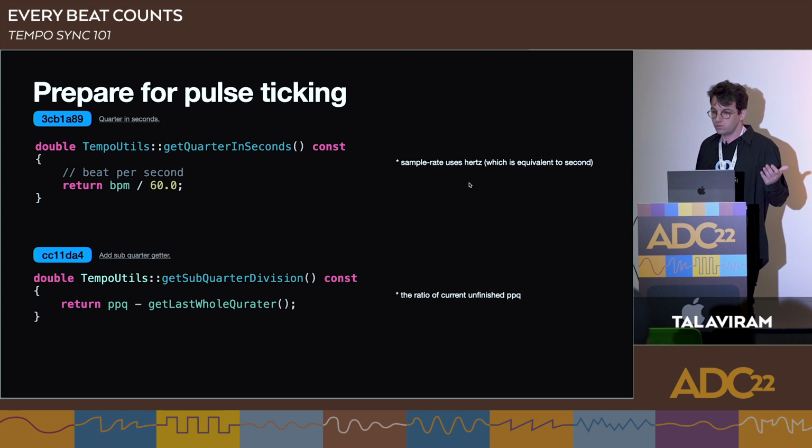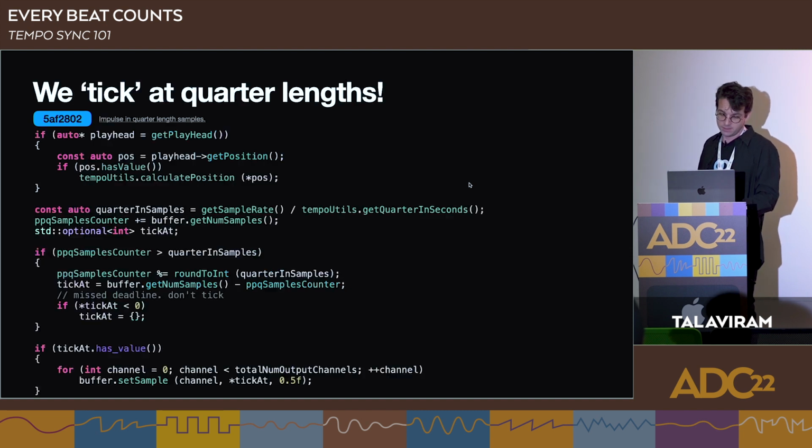So we need to get the quarter into seconds. So it's simply dividing the BPM by 60. And then we want to know the current unfinished position, the in-progress quarter and where it is until the next time it should tick.